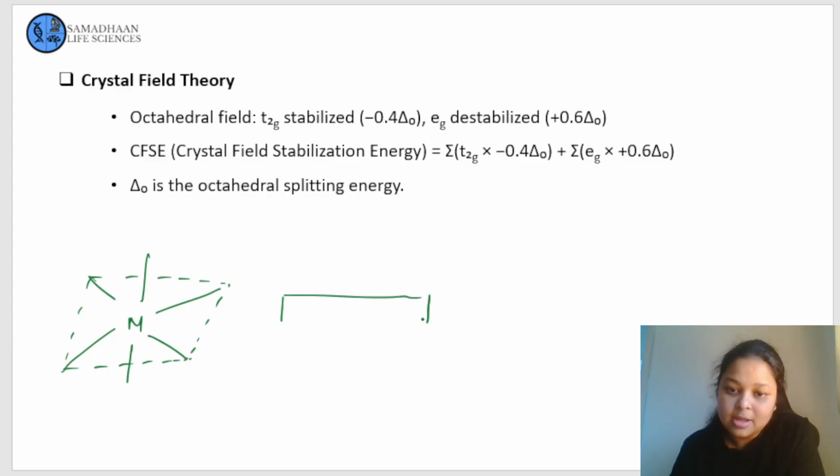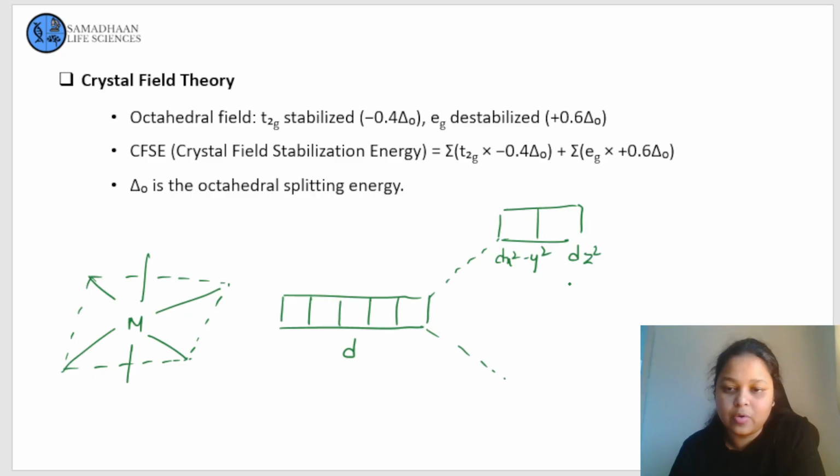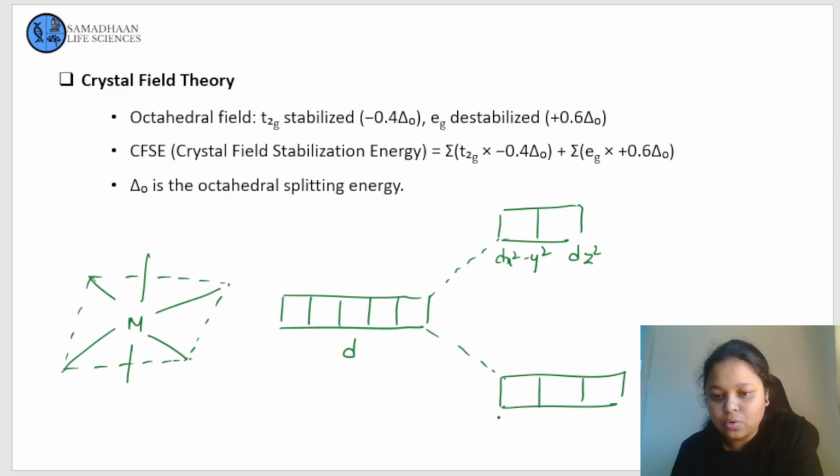For that reason, the degenerate d orbitals in this metal M get split into two different energy levels. The d orbitals situated exactly along the x, y or z axis, that is dx square minus y square and dz square, get higher energy, and the rest of the three d orbitals go to lower energy: dxy, dyz and dzx.